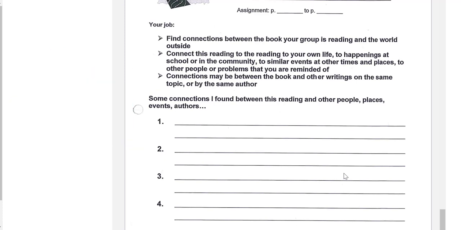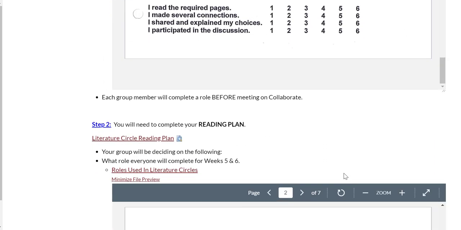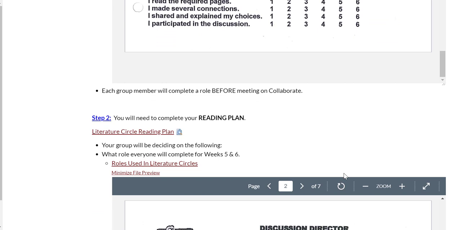I wouldn't switch roles for all 4 meetings. That would be a lot. I would keep the same role for 2 meetings in week 5 and then do a different role for the 2 meetings in week 6. So go ahead and look through these different roles before you start talking with your group members.